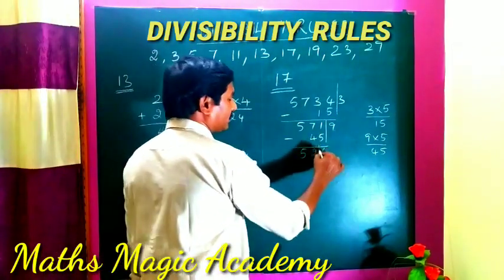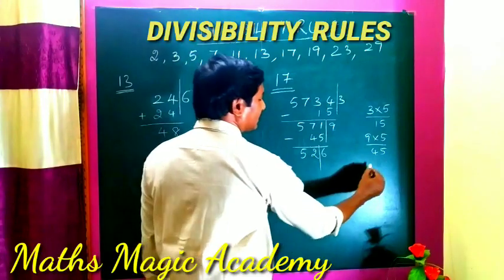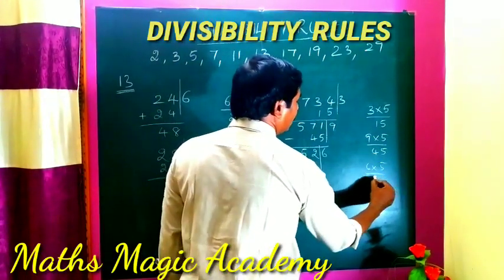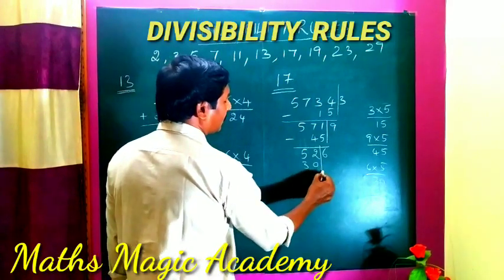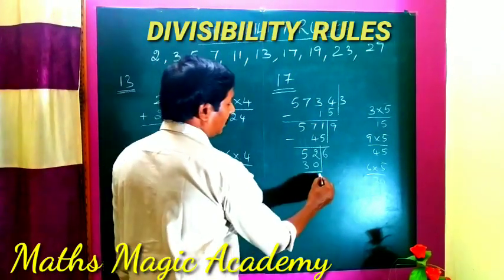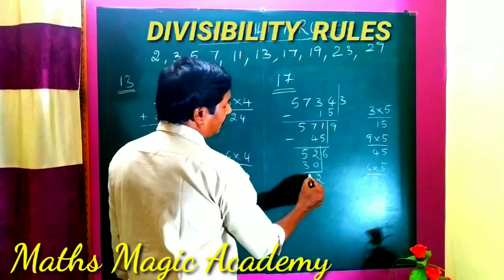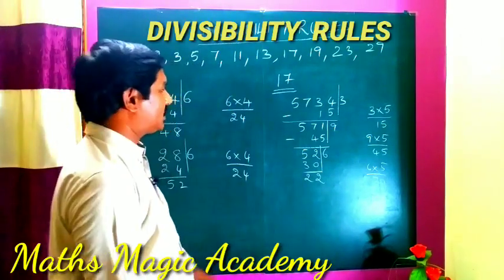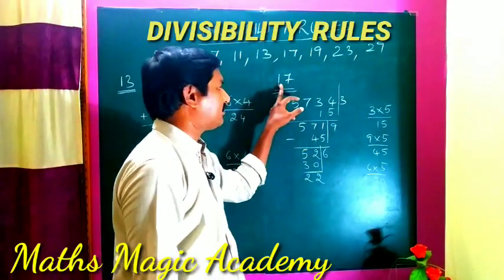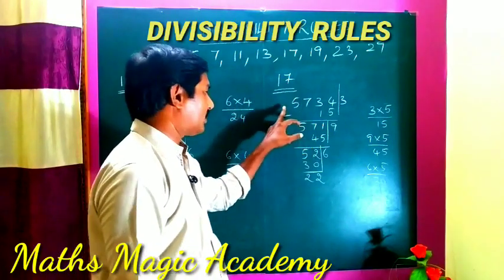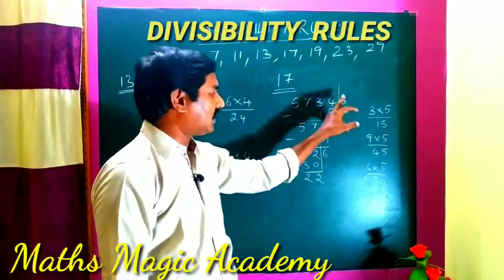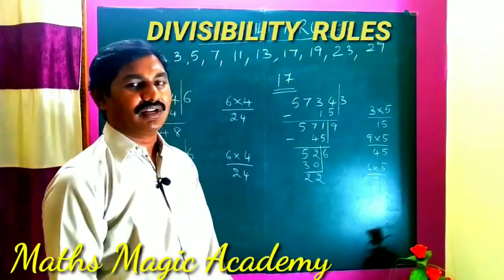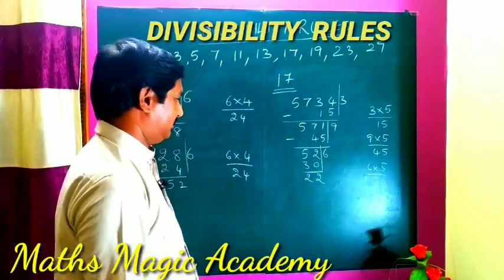Again we have to repeat this process. 6 into 5, 6 fives are 30. This 30 we have to subtract from the remaining digits. So what remainder are we going to get? 22. This 22 is not divisible by 17, so we can say this 57,343 is also not divisible by 17.